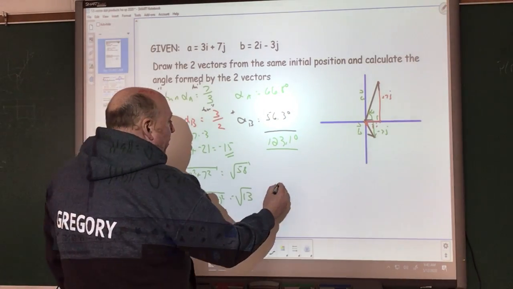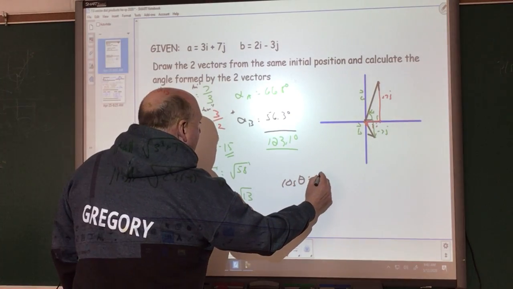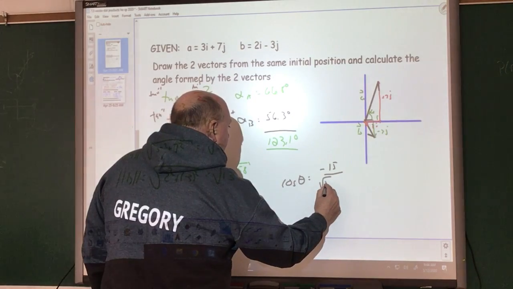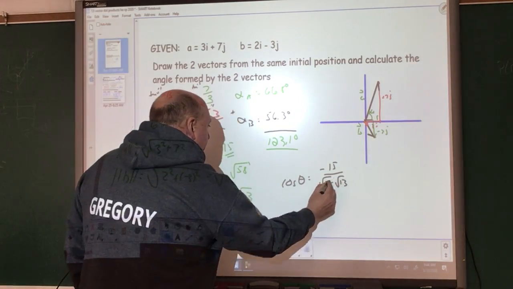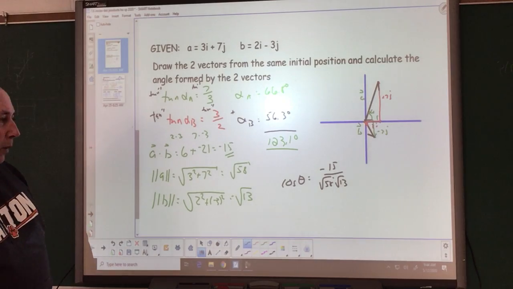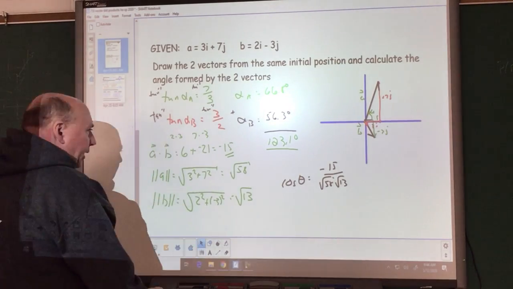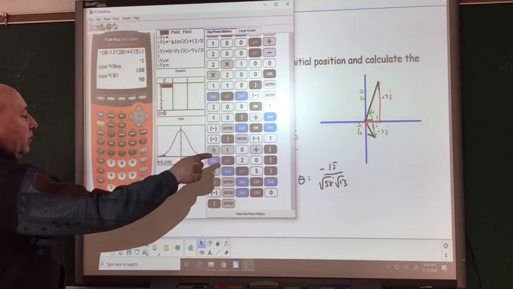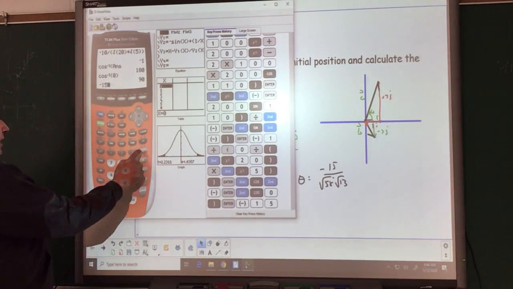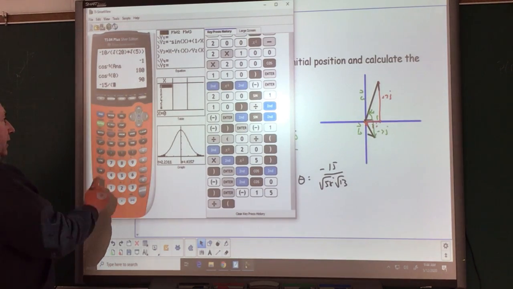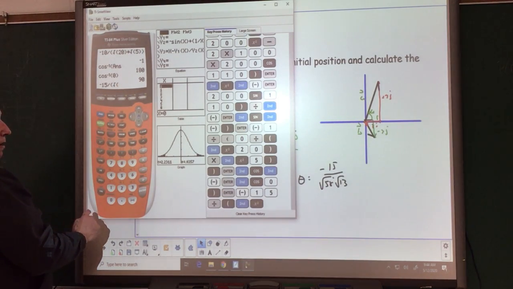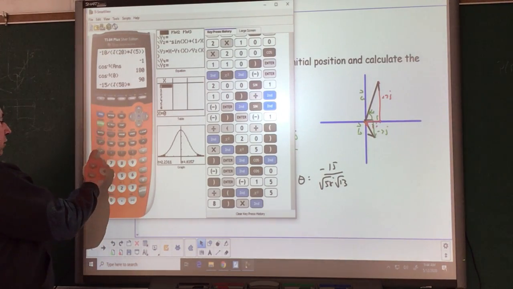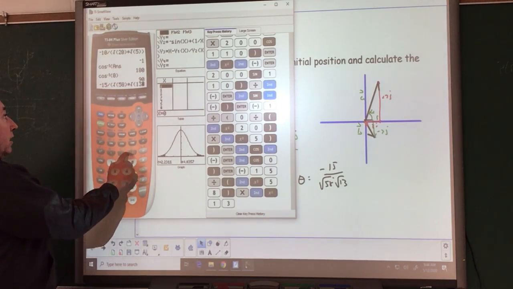So the cosine of this angle theta is equal to negative 15 over square root of 58 times square root of 13. Once again, watch your calculators. I typically will just do this first, negative 15 divided by quantity square root of 58 times square root of 13.